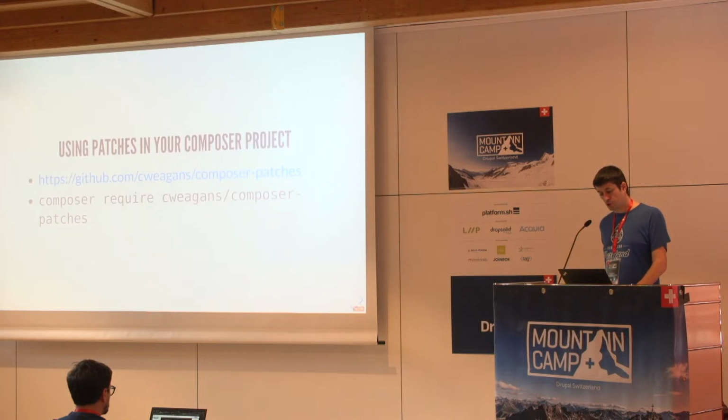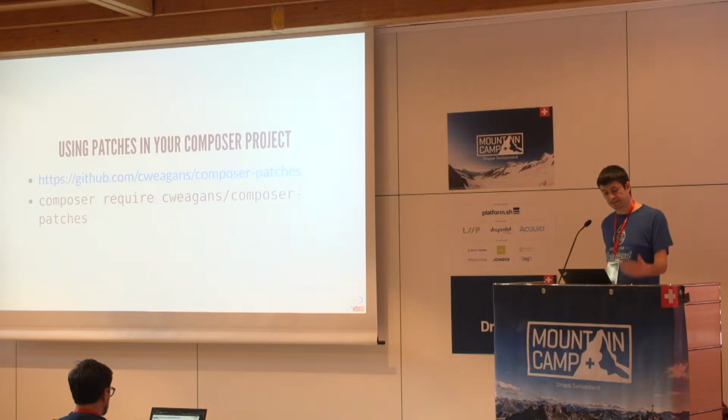In case you don't know about the Composer Patches project, basically what it allows you to do is use a patch in your project. So the reason you're contributing, that you're developing this, is probably in many cases that you want to use it in your project. You found a bug, you want to have a new feature, and then you can use this to, while it's still being reviewed and tested and finalized, still use it in your project.